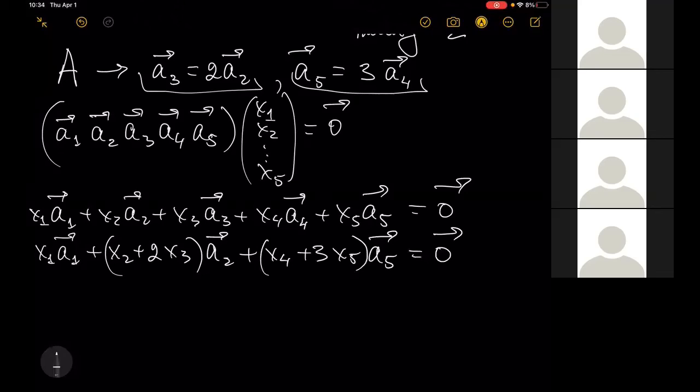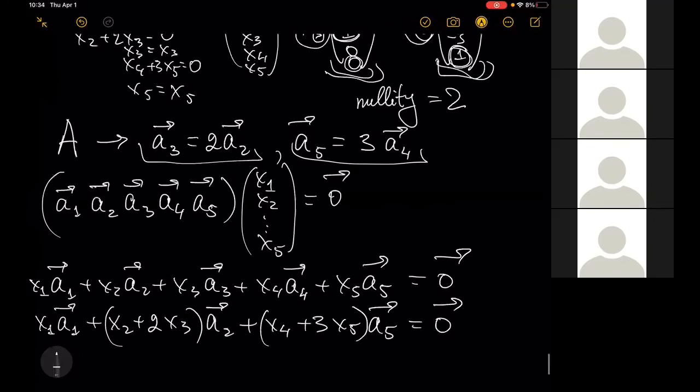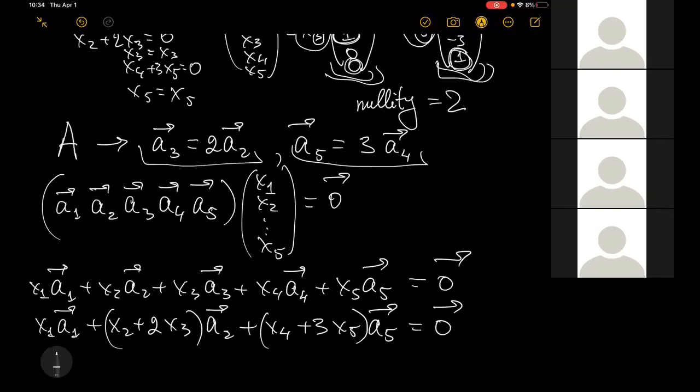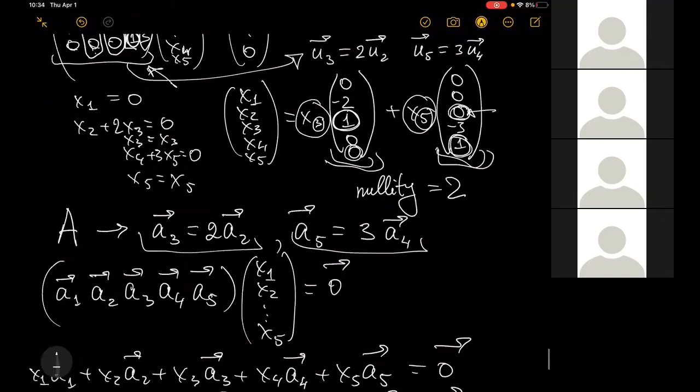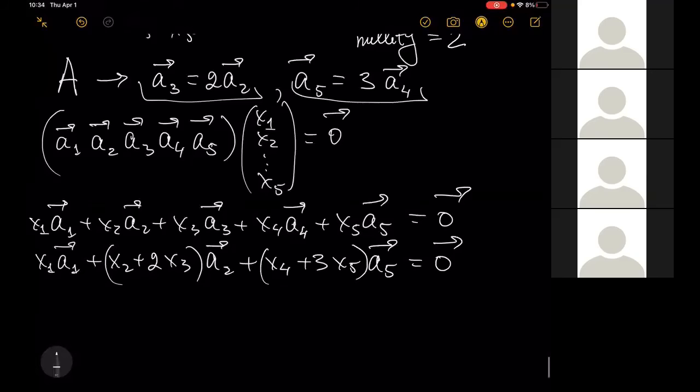So you're just using the fact that column 5 is equal to 3 column 4, and the fact that column 3 is equal to 2 column 2, I can get rid of them. I don't need them, right? But you use that idea like in the matrix, A3 is equal to 2A2, A5 is equal to 3A4.